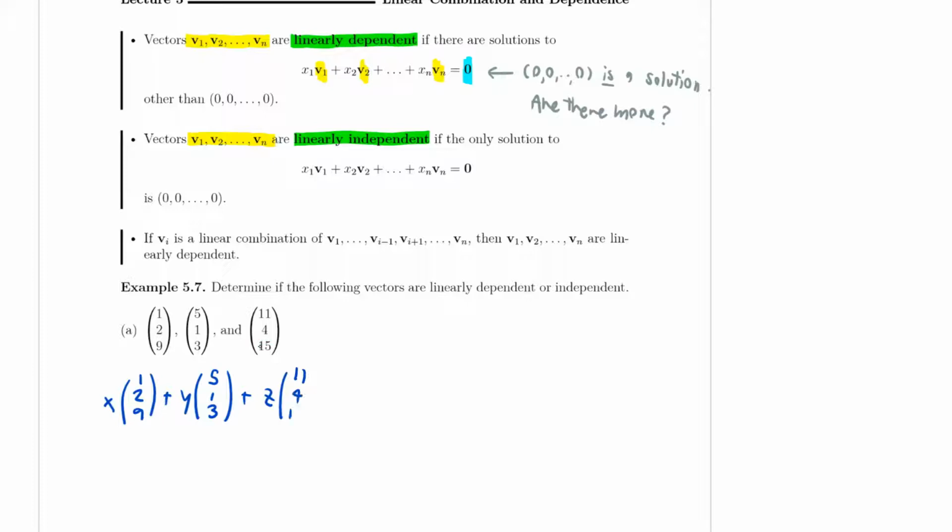I'd like to find the solutions to this vector equation. So my right hand side is going to be just 0, 0, 0. Then we knew that I can just let my x, y and z be 0, and that would be a solution for sure. But now the question is, are there more? Can we find solutions other than 0, 0, 0? So let's try to solve this.